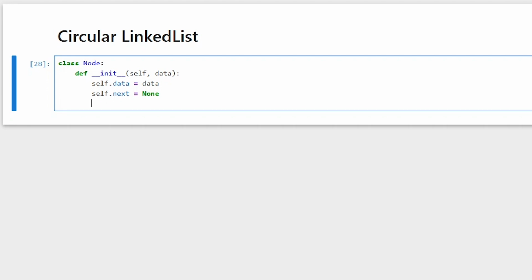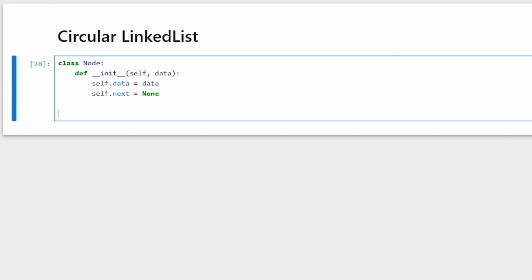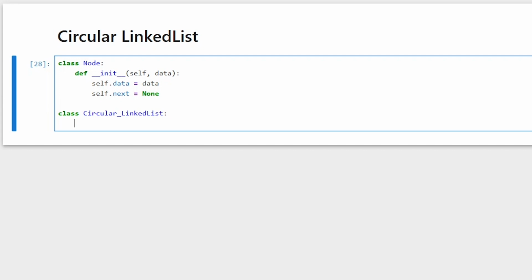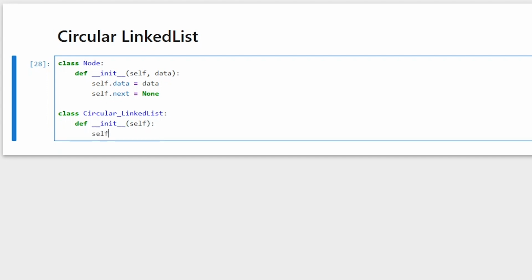Now let's go ahead and implement the linked list. For this, we're going to have class CircularLinkedList. We'll have our constructor, def __init__, and here we're going to assign self.head to be equal to None.